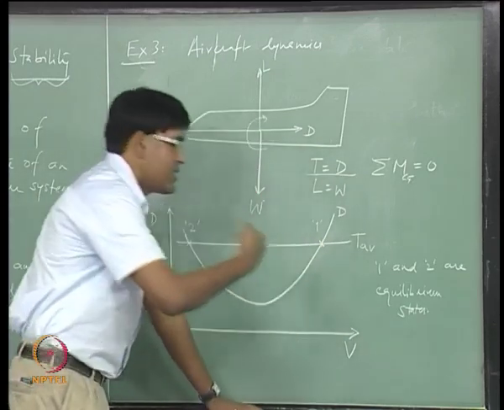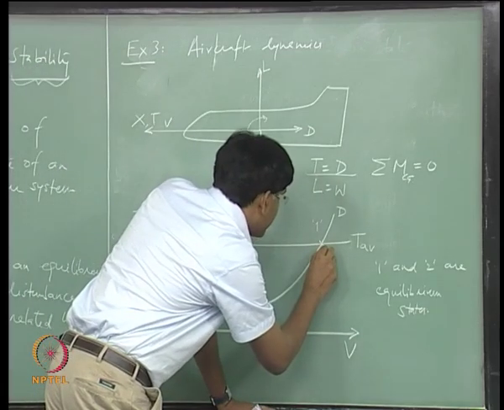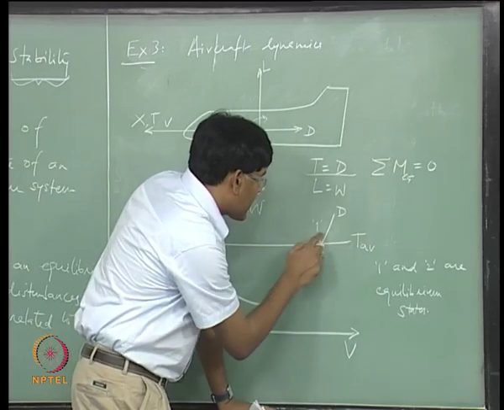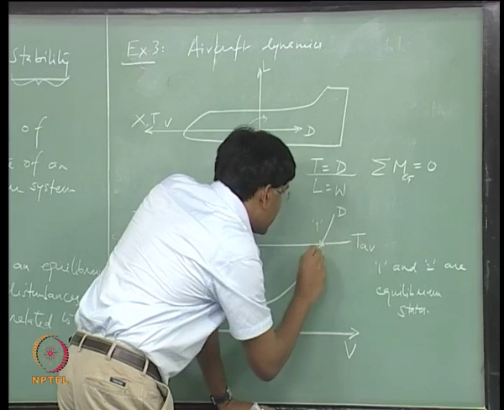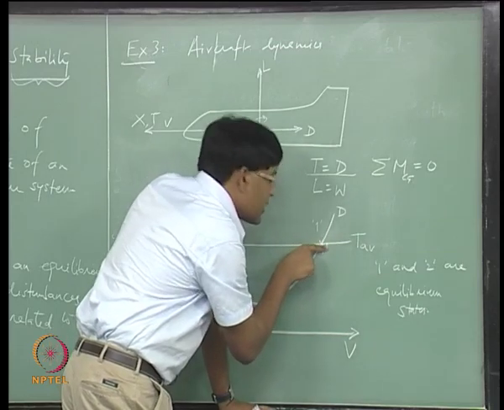Let us say there is a disturbance which is causing a change in speed from this equilibrium state, so that now aircraft speed has increased to this point.